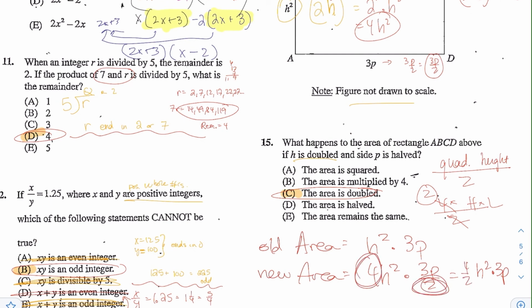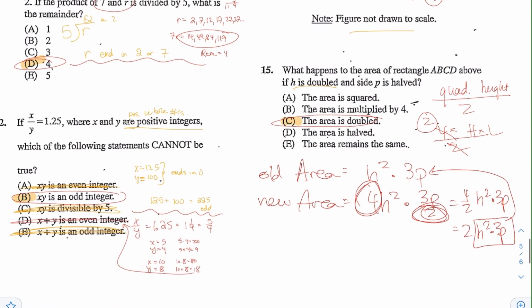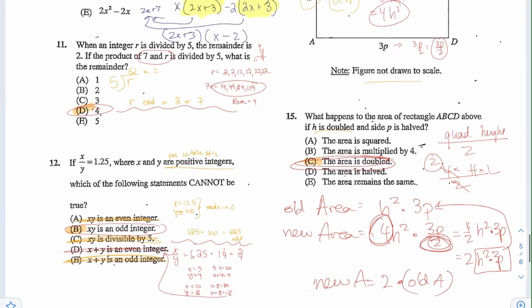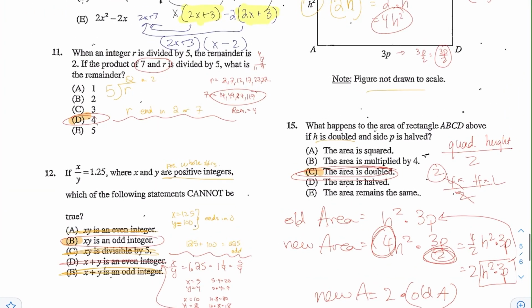So that's 4 over 2, or 2h squared times 3p. So notice this is the same as the old area. So the new area is equal to 2 times the old area, or the area got doubled. You can also solve this question by replacing h and p with just random numbers.